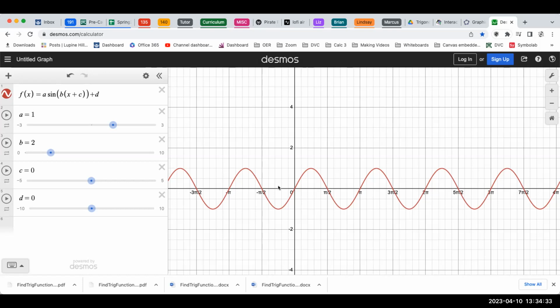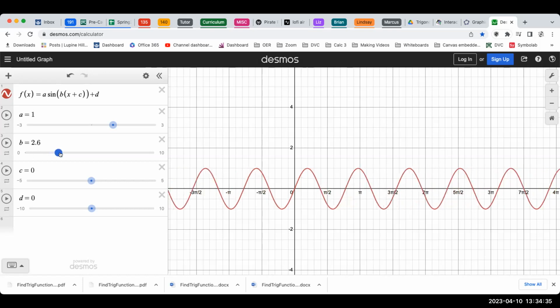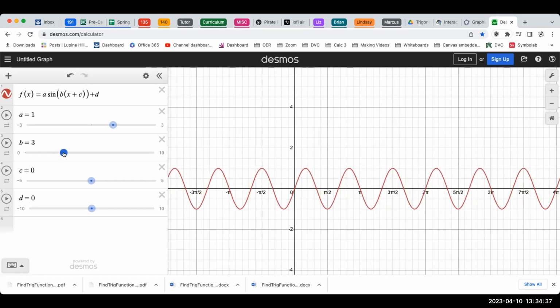Okay. If I make B equal 3, how many times will it cycle from 0 to 2 pi? 1, 2, 3. But what will be my period? 2 pi, but now you're dividing it by 3.